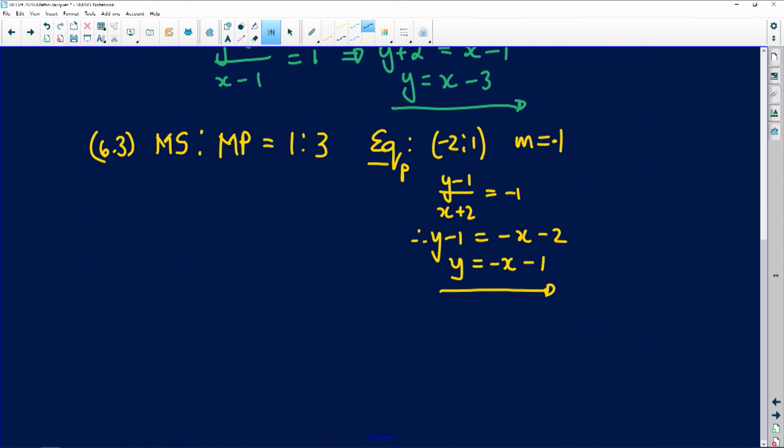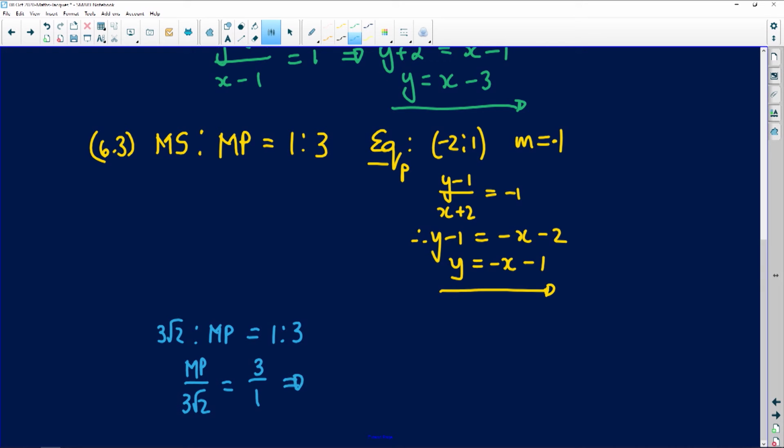MS I have. MS was the short line, so we're going into phase 2 of the question. So we know that 3 root 2 to MP is equal to 1 to 3, just to show you what we're going to work with. So MP over 3 root 2 is equal to 3 over 1.